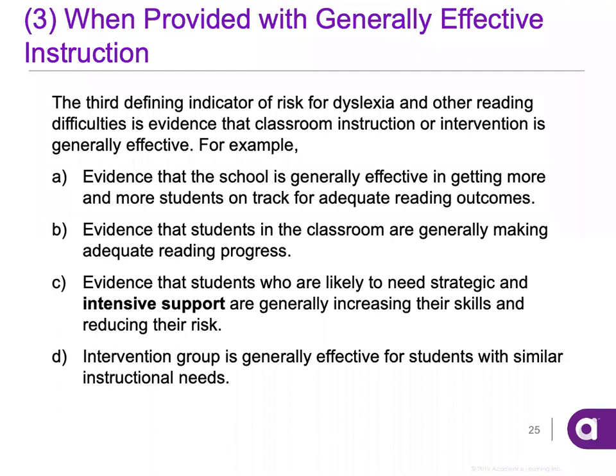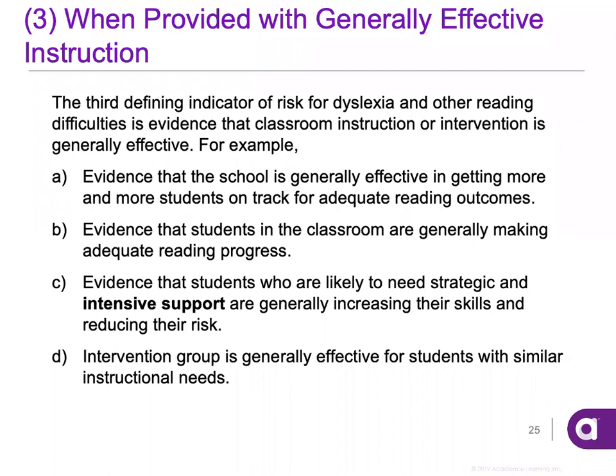This is language that comes from the federal special education law, specifically from exclusionary criteria that need to be applied. You can't say that a student has a disability unless you can document that they have received generally effective instruction.